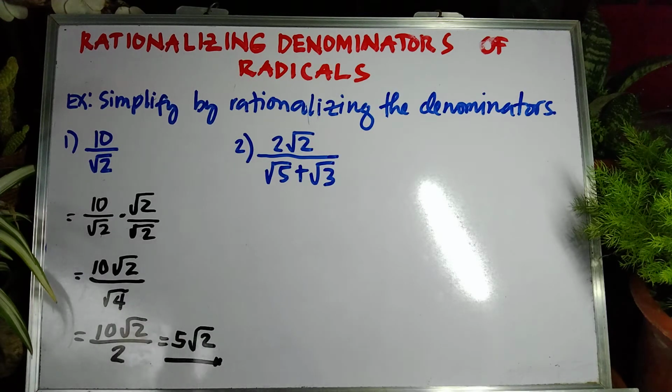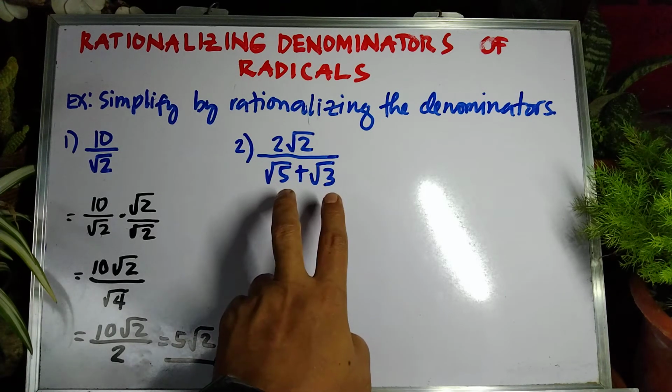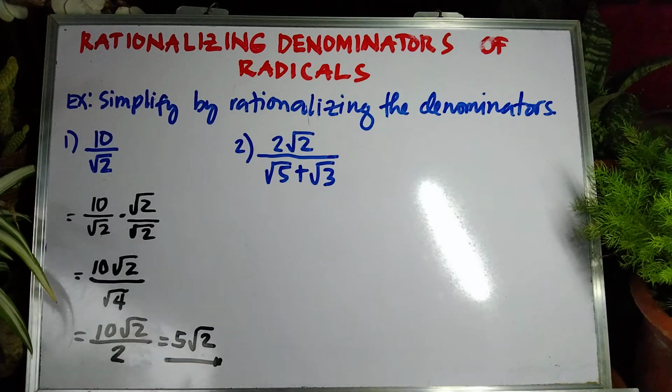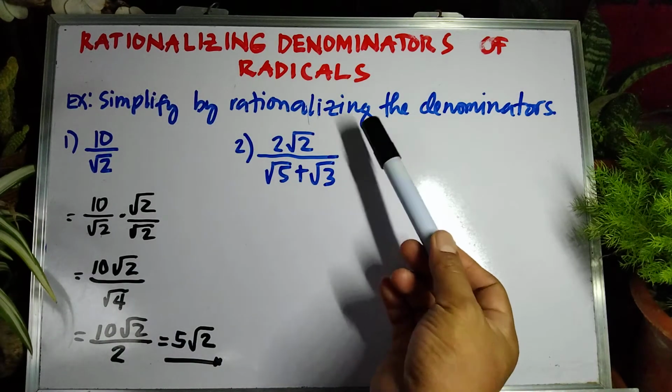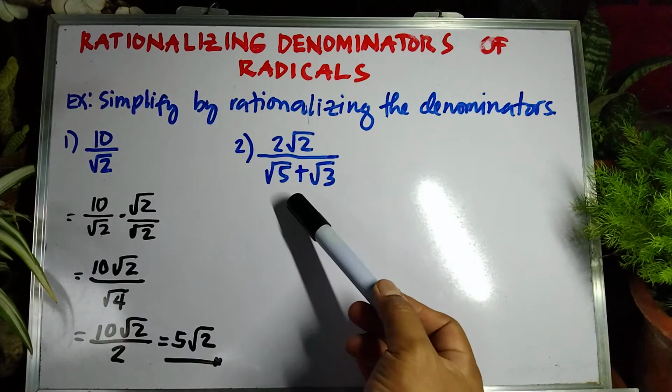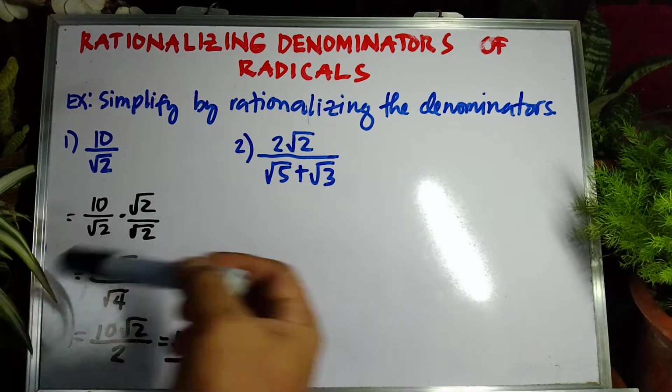In number 2, since it has two terms in the denominator, we will use the concept of the conjugate. We will multiply the numerator and the denominator by the conjugate of the denominator.